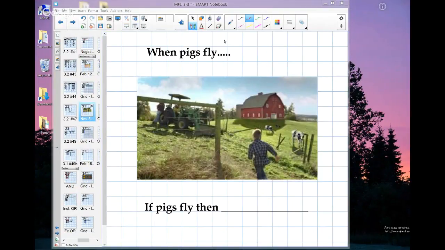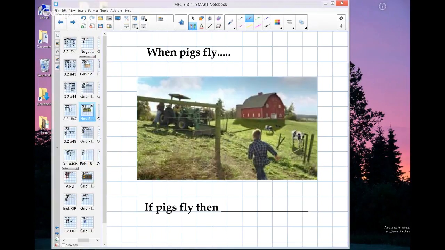I'm pretty safe, unless you play a game like this kid did on the video and strap a rocket to a pig's back. So anyway, sometimes we'll put a ridiculous condition on just to show there's no way this is going to happen.